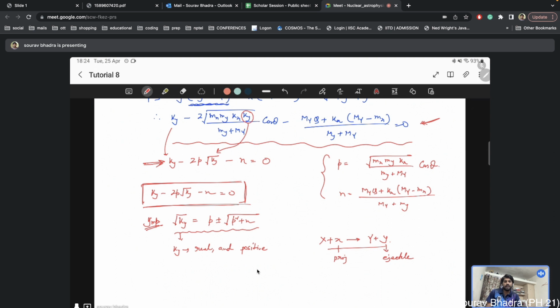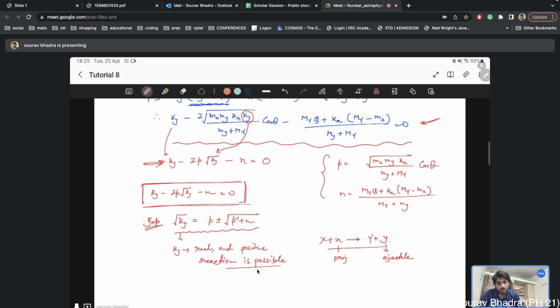So, to get real values we need a limitation on ky values: ky is real and positive, then only the reaction is possible, because for an imaginary value there will be no reaction. So, this is the mathematical condition which tells you whether a reaction is possible or not.